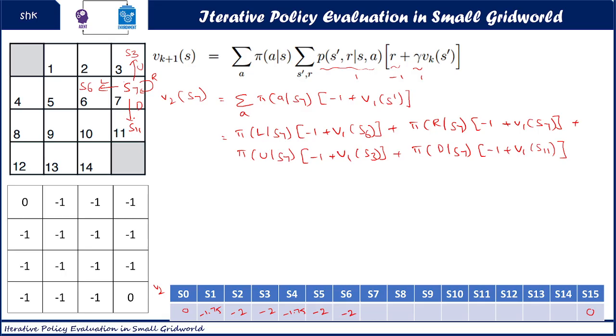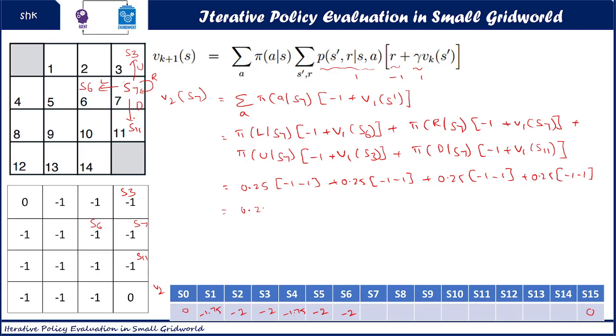So for computing this V2 of S7, what values do we require? We require V1 of S6, V1 of S7, V1 of S3, and V1 of S11. Now if you observe, all four values are -1, and we have already computed the same kind of cases. So you can write 0.25 times (-1 -1) plus 0.25 times (-1 -1) plus 0.25 times (-1 -1) plus 0.25 times (-1 -1).